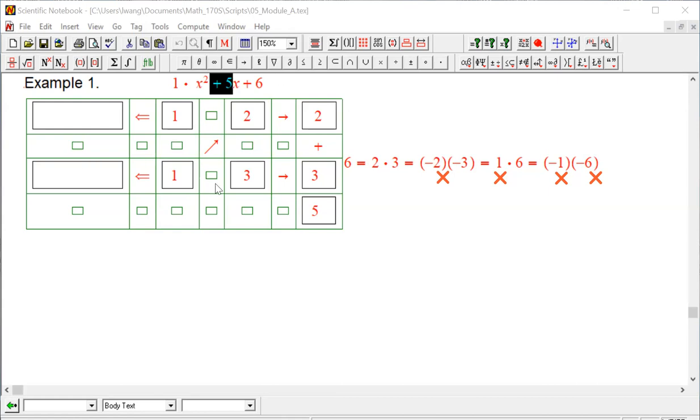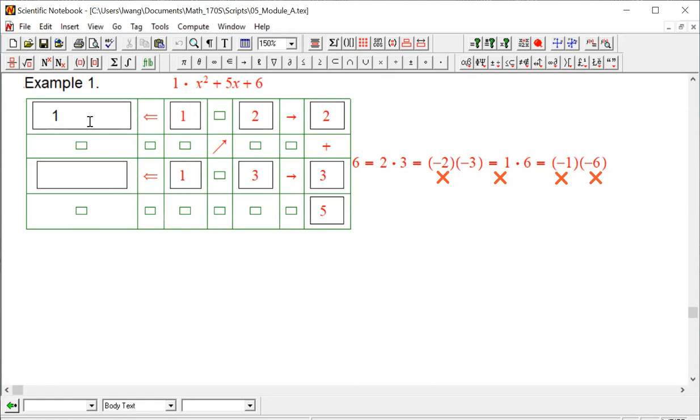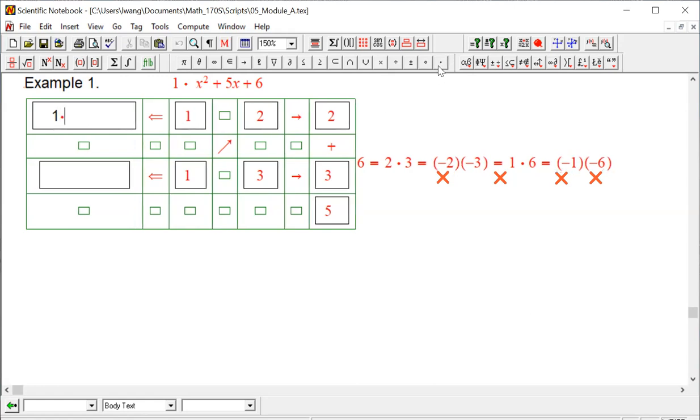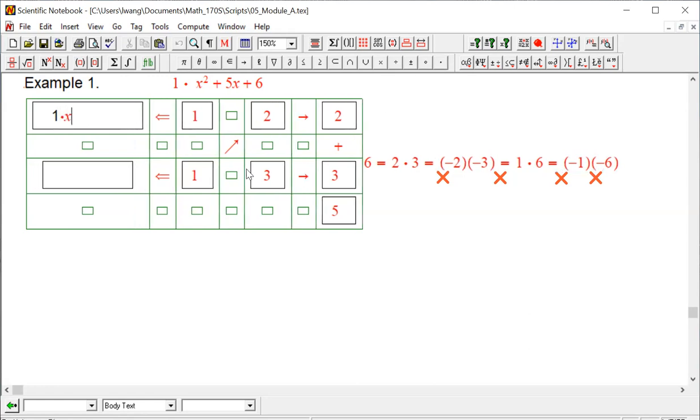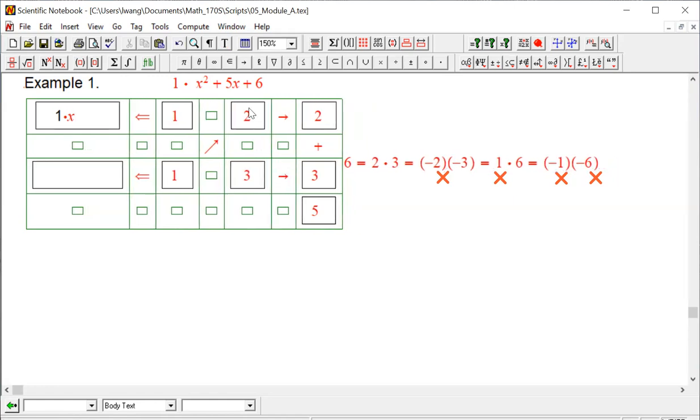Okay, so let's see how we're going to compose these factors. We take the first number and the second number on each row. The first number on the first row is 1, so 1 multiplied by x, and then this is a positive 2, so we write plus 2.